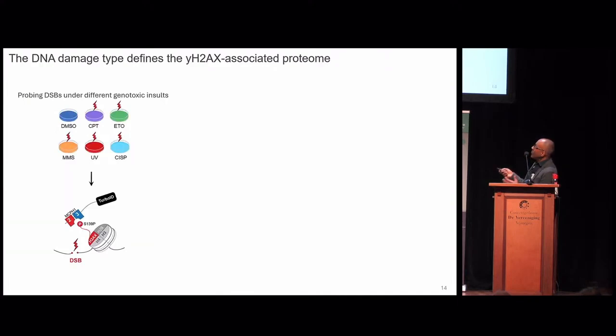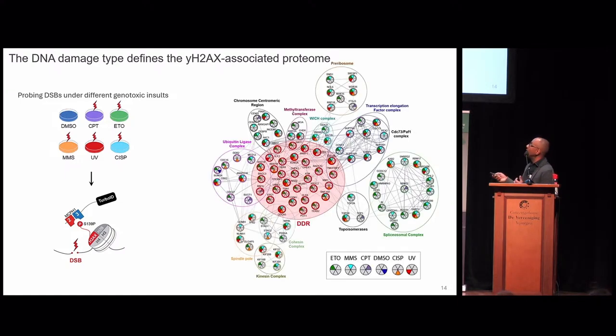So the next question was whether we can capture different conditions, whether the genotoxic agents allow us to identify specific hits with this data set. With that, I show a network where I synthesize all the proteins that are found in these different conditions.